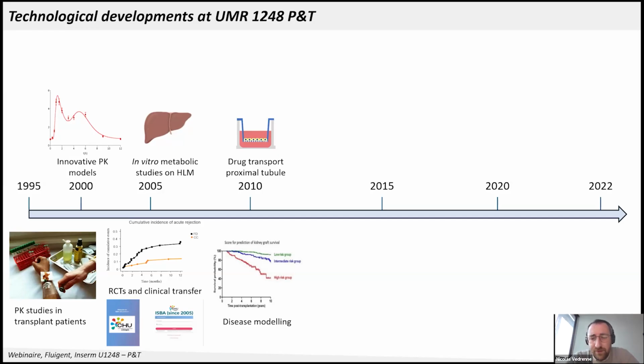But this model allows us to characterize hepatic metabolism and investigate transporter-mediated processes. From 2010 onwards, pharmacogenetics became an essential component of our work. By integrating genomic information into PK, we were able to explain some inter-individual differences in drug response and toxicity.